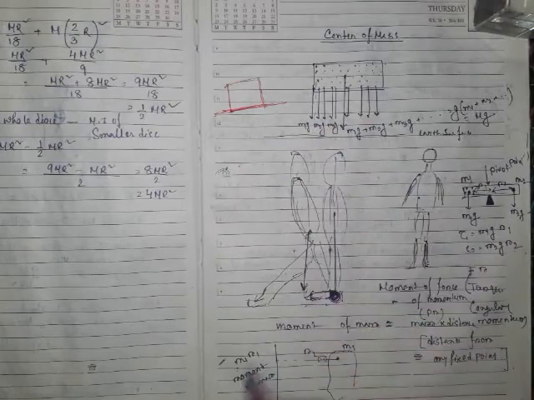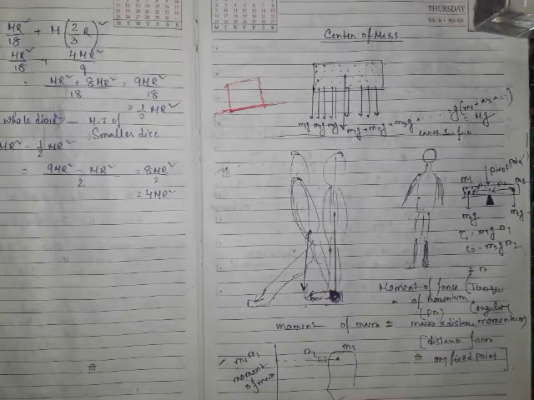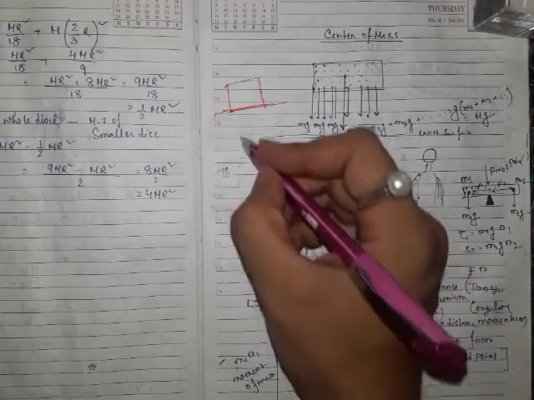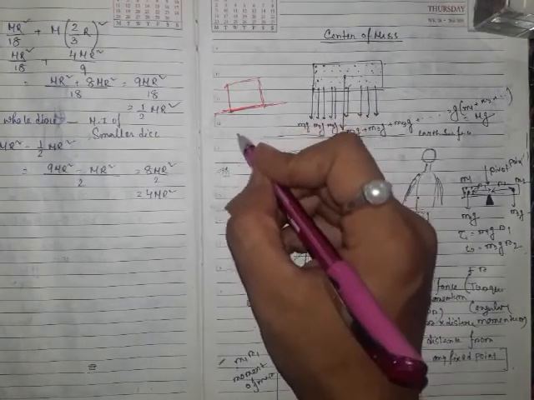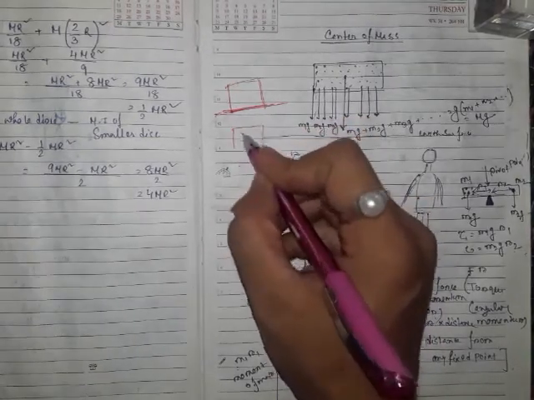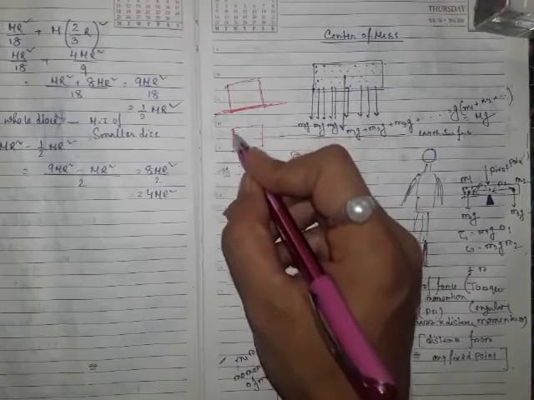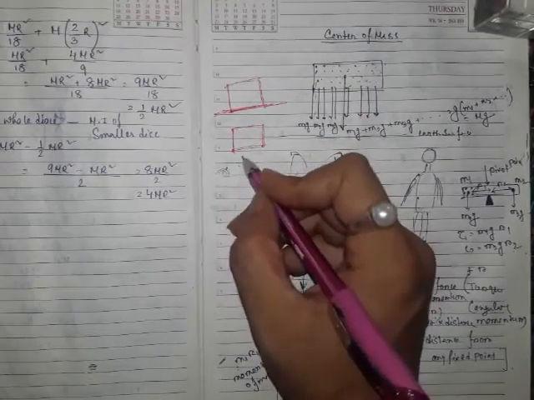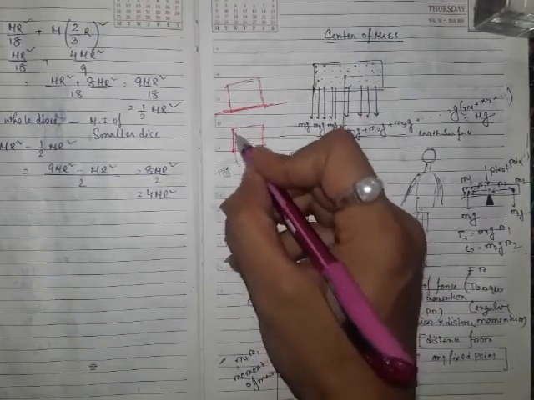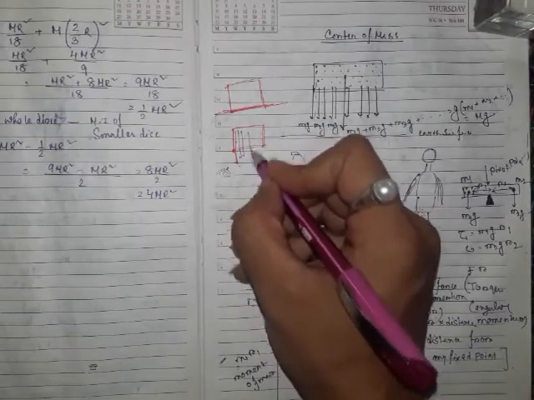But if you just take a close look, you will find that this is a complete whole surface that may have this kind of shape. So friction is acting from here, from here, from here, and from here.